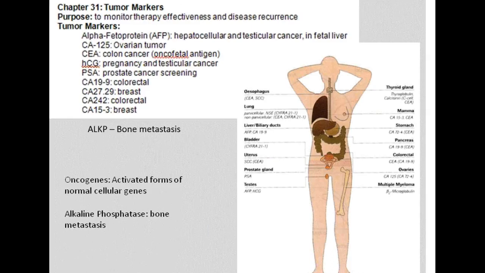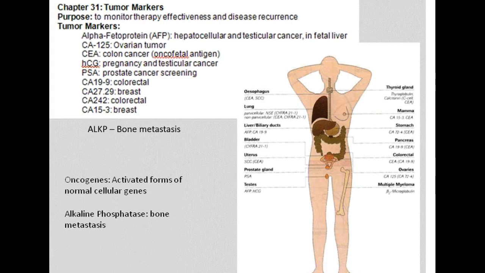The next section is tumor markers. It's so incredibly important that you guys know that this is to monitor therapy effectiveness and disease recurrence, not to diagnose a patient, okay? There is an exception to the rule, PSA, which we'll get to in a second. But make sure that you know it's to monitor therapy effectiveness.